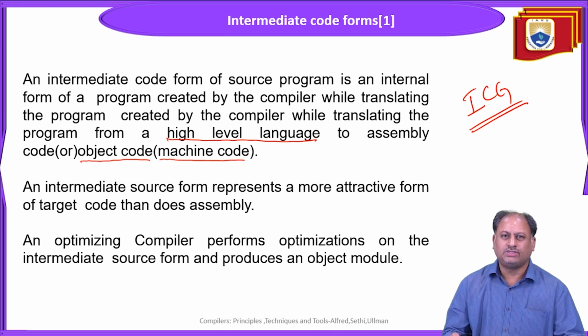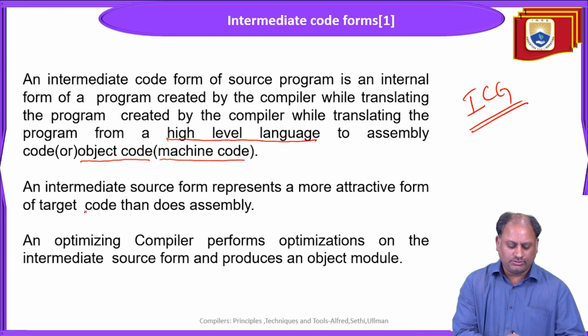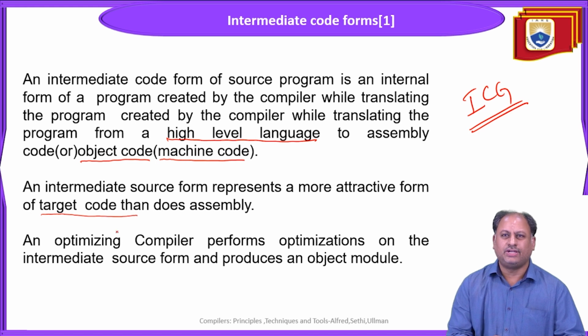So in this process, one of the phases generates this intermediate form, and it is called the intermediate code generation phase. In this, an attractive form of code is generated.